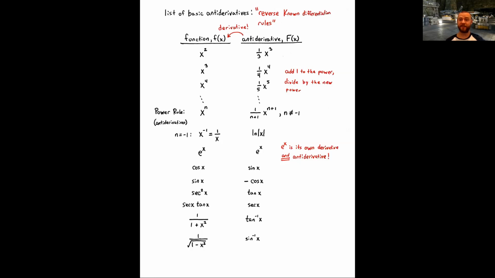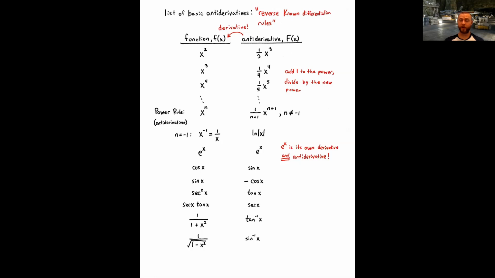Now, hopefully you see how all this fits together with our known differentiation rules. Right now, we're reversing them, giving us a rather large list of antiderivatives. There are others not on here, but they all come from your known differentiation rules.